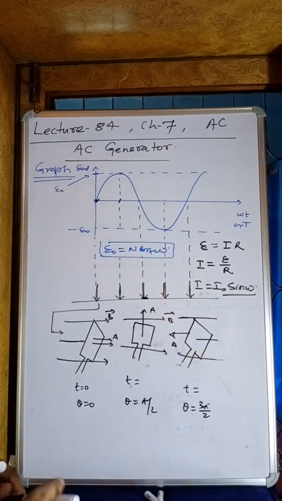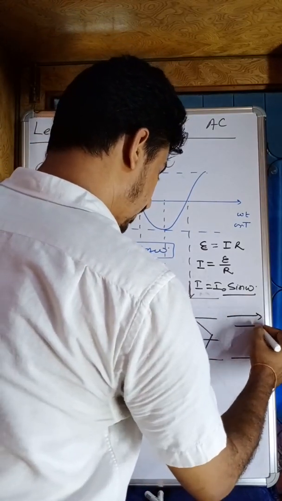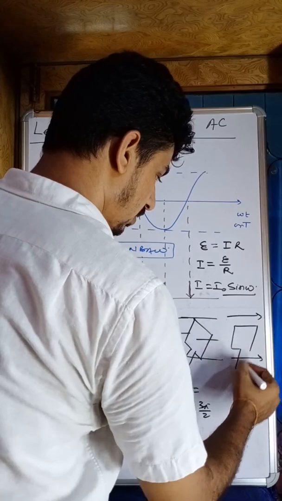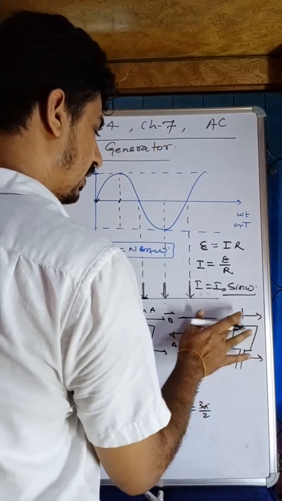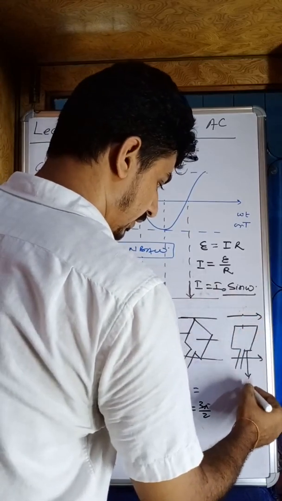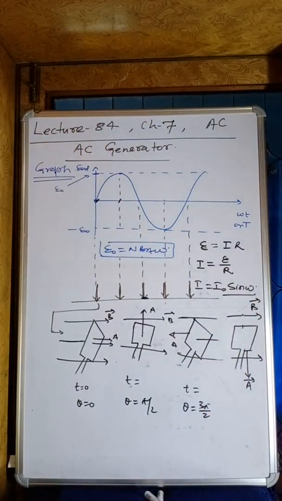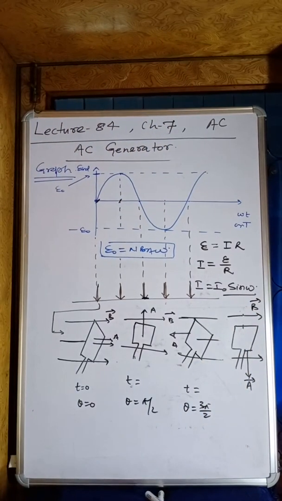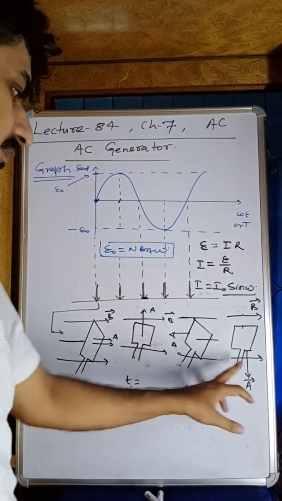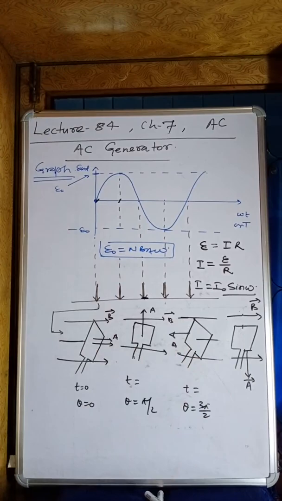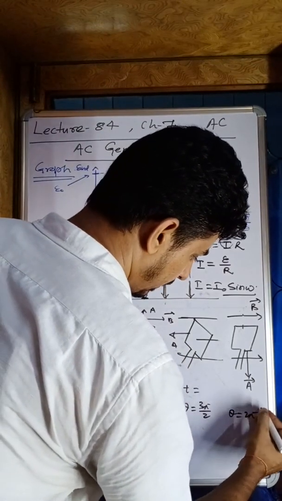So the magnetic field area vector will be in the downward direction, making 90 degrees again, so the flux is 0. Here the flux is 0, here the flux is 0, here the flux is maximum, and theta is 2 pi.